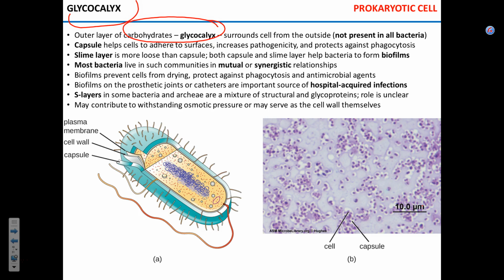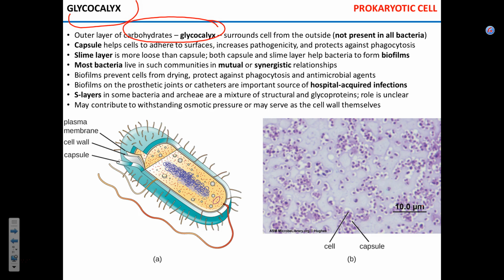Given what I told you, that capsule and slime layer prevent phagocytosis and increase attachment, microbe that has a capsule versus microbe that does not have a capsule, which one, in your opinion, will be more pathogenic?